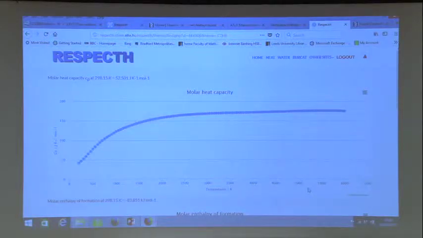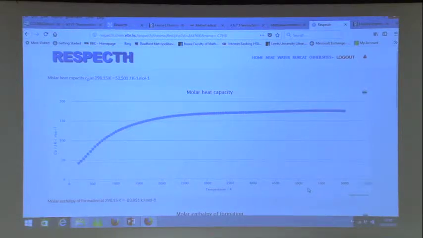So this is for ethane, and you can see the temperature dependence of the heat capacity of ethane because of the change in the population of the various vibrational states. So the heat capacity is changing really quite a lot over a temperature range from 500 to 6,000 K.